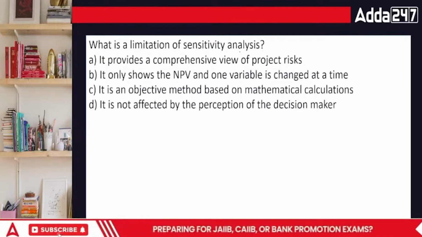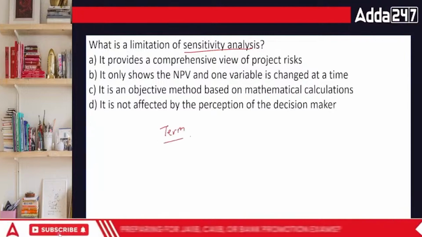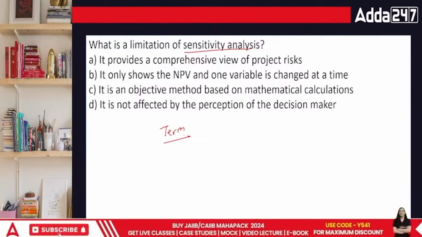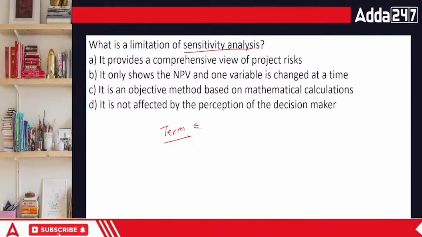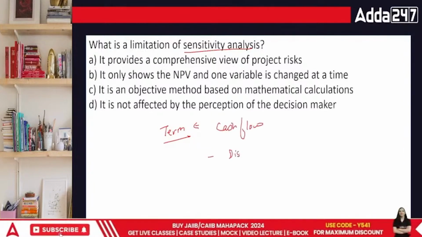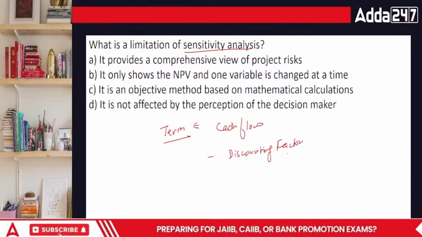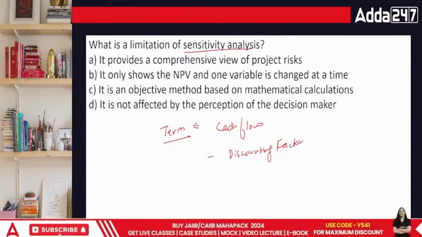Next question. What is the limitation of sensitivity analysis? When we are trying to study something which is affecting our business, it can be any factor. Time tenure of the business, number one. Number two can be the time period for the particular project, the cash flows, the discounting factor.